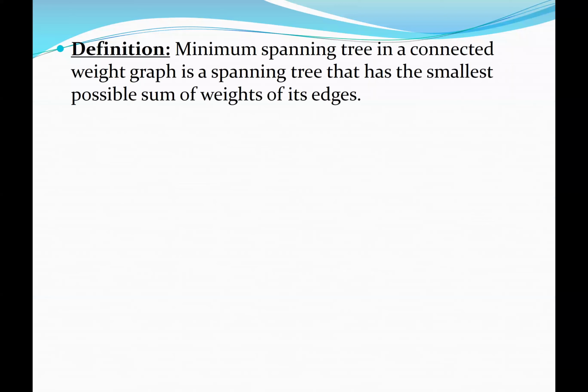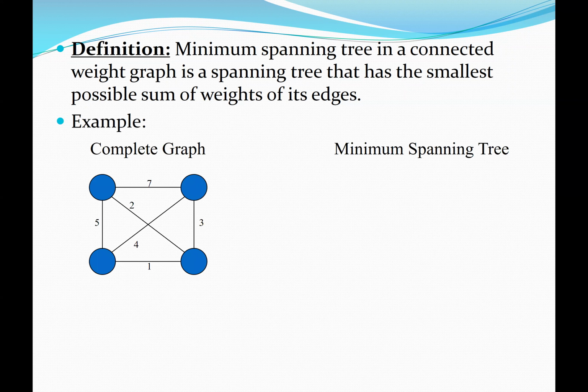So here is the definition. A minimum spanning tree is, in a connected weighted graph, a spanning tree that has the smallest possible sum of weights of its edges. So similar to this kind of algorithm, here we look at the weight again. Here's the example. You can see that I can create a bunch of spanning trees.